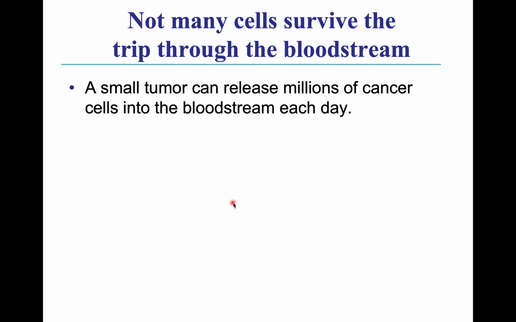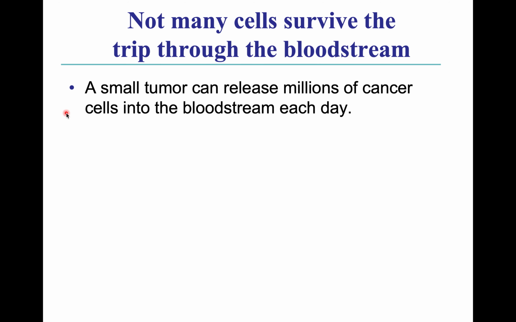We talked about the fact that cancer cells are kind of unique in that they can typically divide and thrive in suspension. They don't necessarily have to be attached to a substrate. But that being said, there's still lots of obstacles, immune cells, phagocytic cells that are going to make that journey difficult even for a cancer cell.